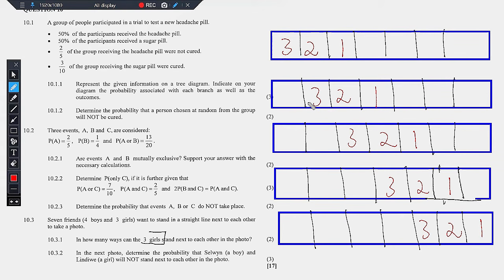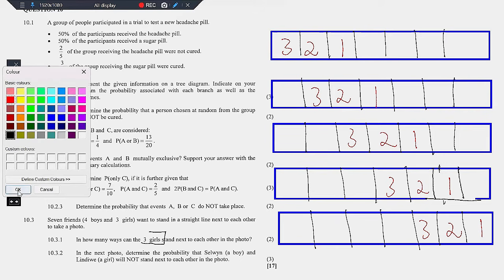Now note that it can be in any random way. So it's not always that the first girl will always be here, then the second girl. So if we have to give them names, let's say there's Palisa, there's Lerado, there is Mbali, right? So it's not always that it must be Palisa, Lerado, and Mbali in that order. It can be in any particular order, right?